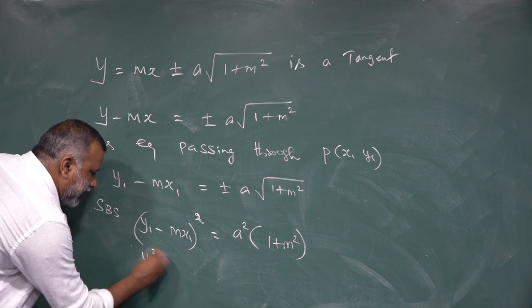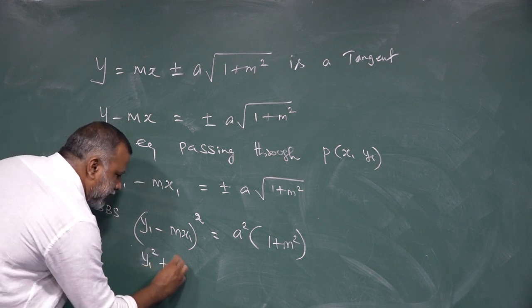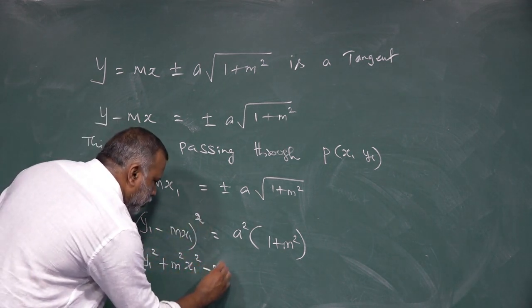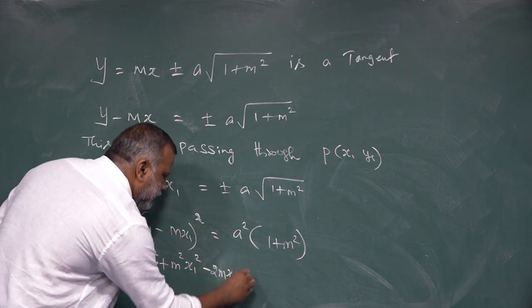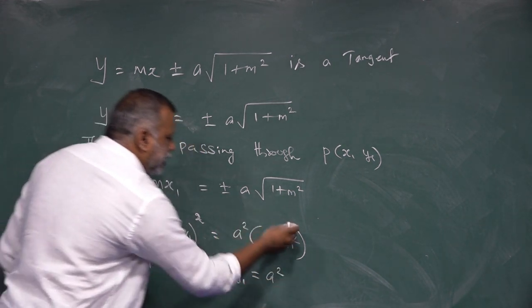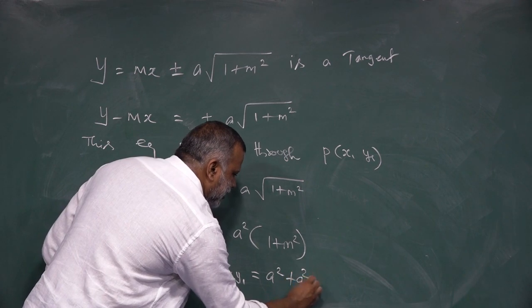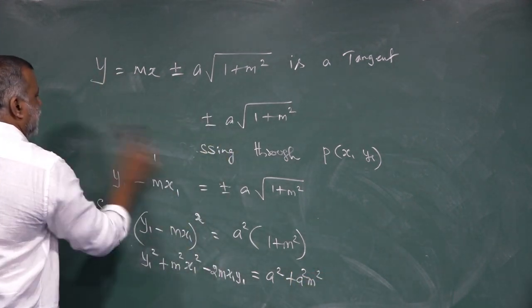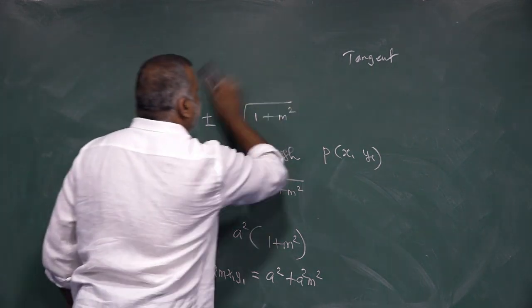Expand this one, we can get y1 squared plus m squared x1 squared minus 2m x1 y1 equal to, multiplying inside, a squared, again multiplying inside, a squared m squared. Now convert everything into the same side.